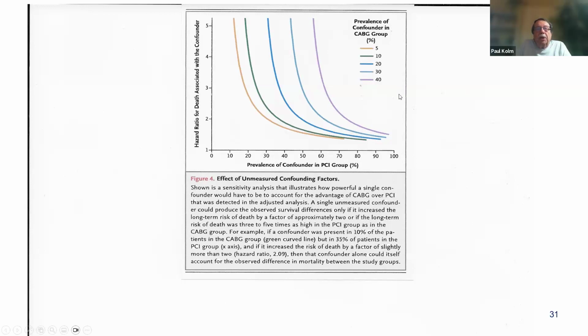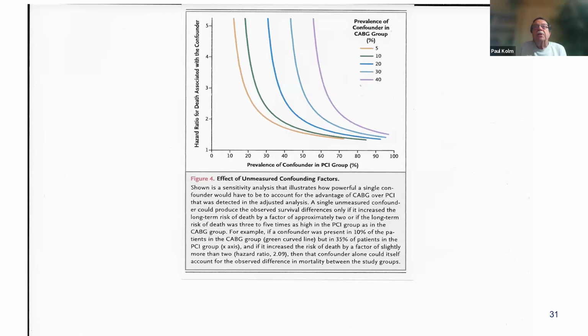So looking at this as an example, if the confounder was present in 10% of the CABG patients, but in 35% of the patients in the PCI group, and if it increased the risk of death by a factor of 2, then that confounder alone could account for the observed difference in mortality between the study groups.